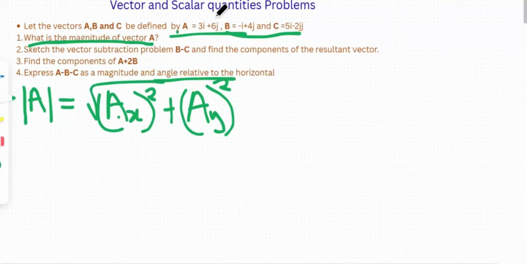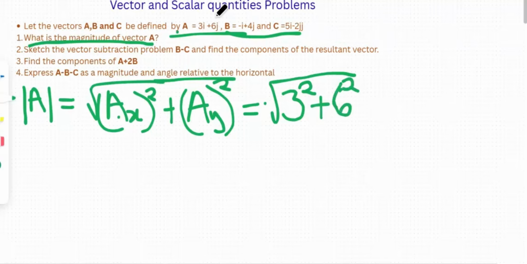And what is our AX? That is this 3i, so it will be the square root of 3 squared plus the AY, which is 6, so 6 squared.